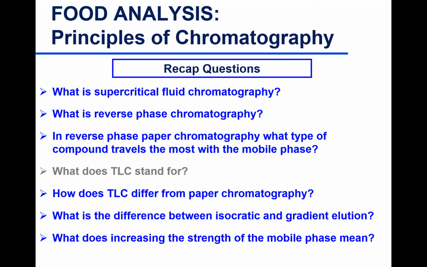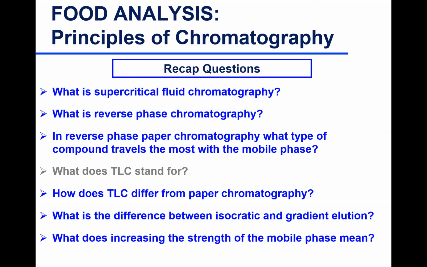Does it make it better for resolution? It makes it better for resolution because then you have a more uniform particle size for your stationary phase and consistent thickness. So you don't have differences like you would have in paper chromatography, and then you would have more reproducible results and better separation.